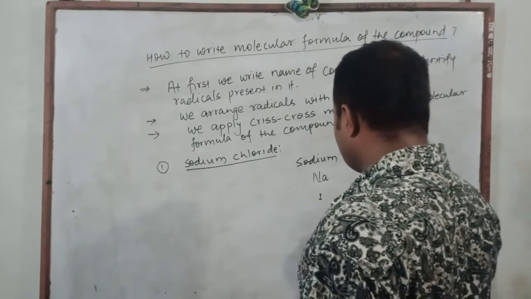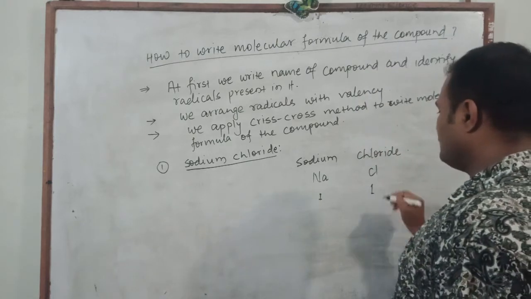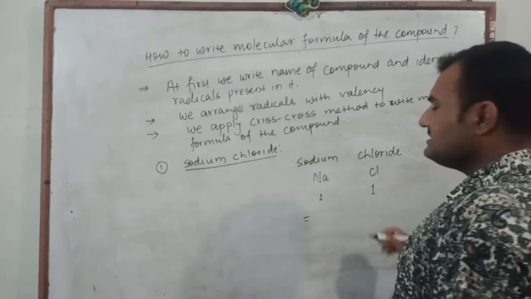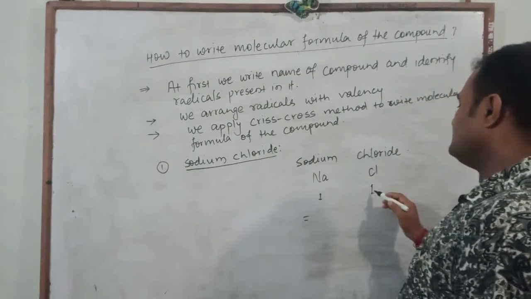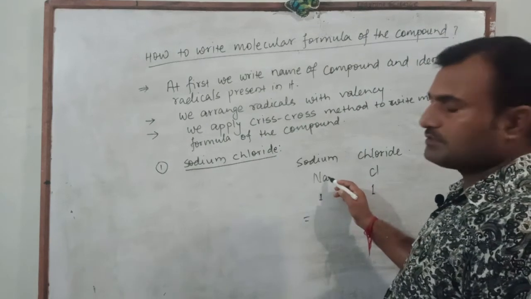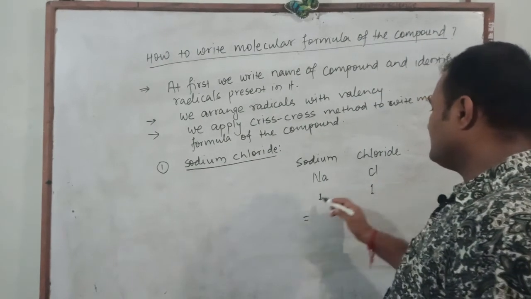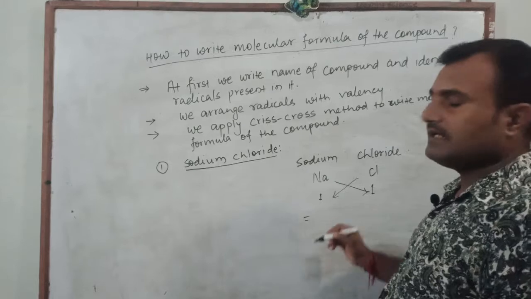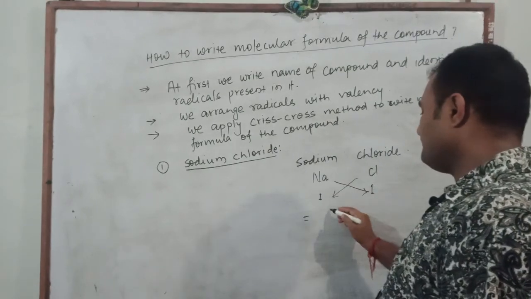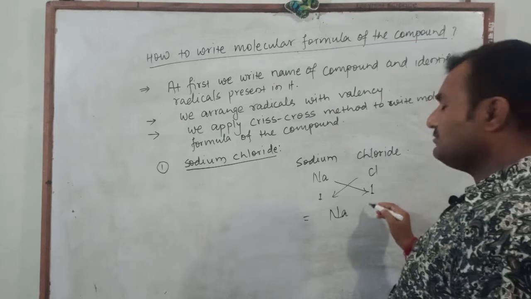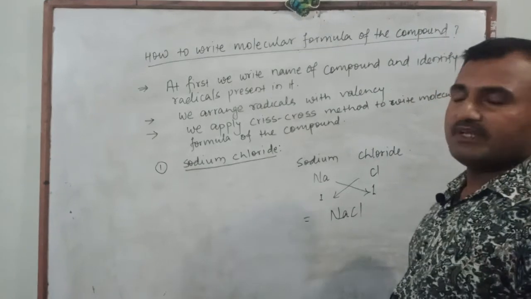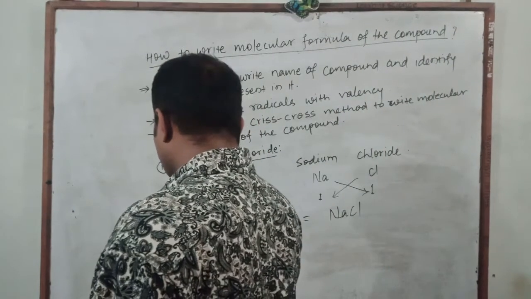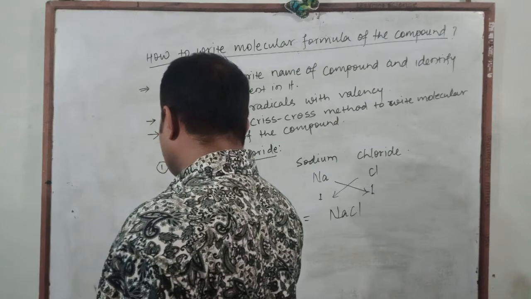Valency of sodium is 1, chloride is 1. In that condition, we exchange valency of radicals, that is, valency of chloride goes with sodium, valency of sodium goes with chlorine, that is called crisscross method. And here we get NaCl, no need to write 1. In this way, by applying the crisscross method, we can simply write the molecular formula of the given compound.